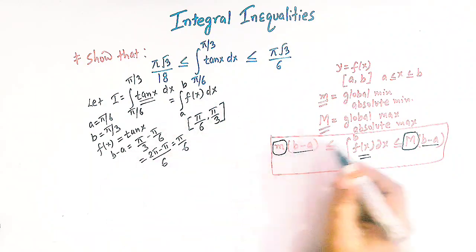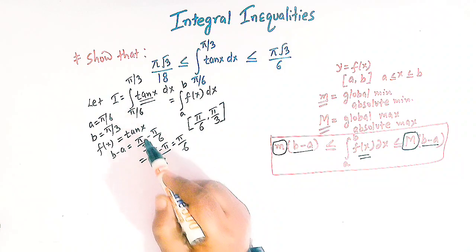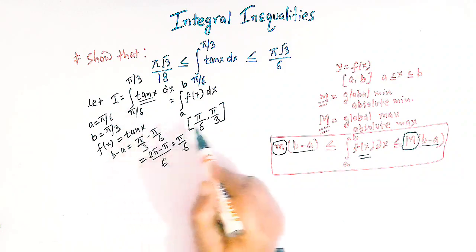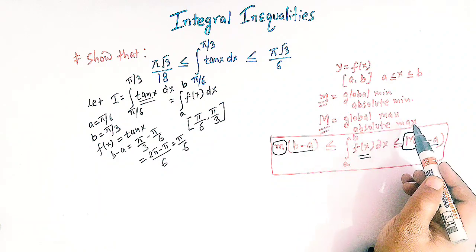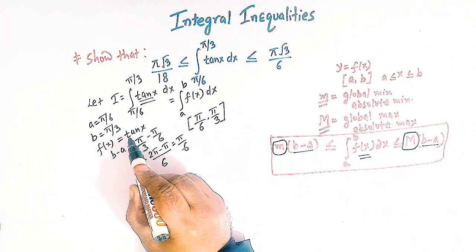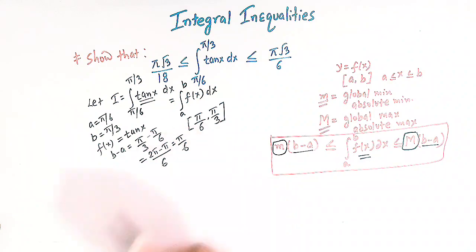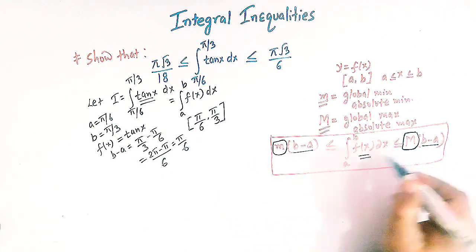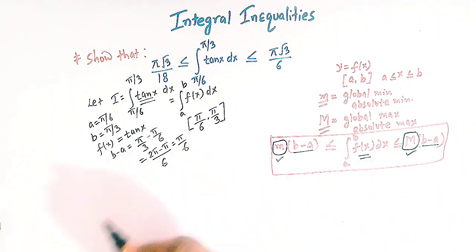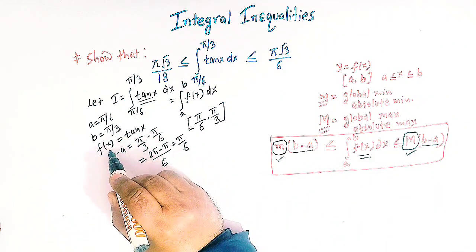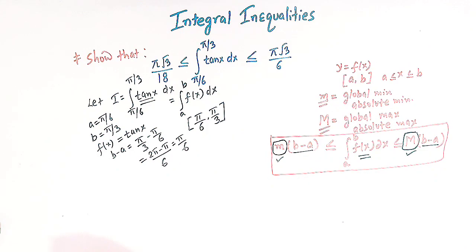So small m is the absolute minimum of this function tan x in this interval, and capital M is the absolute maximum of this function tan x in this interval, right? So in order to find out the small m and capital M, let us investigate this function f of x is equal to tan x, right?